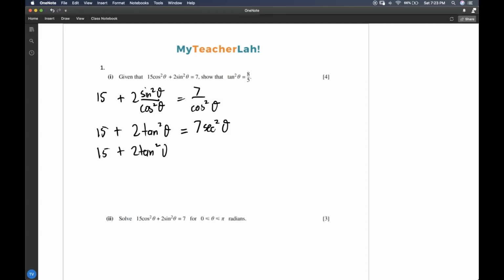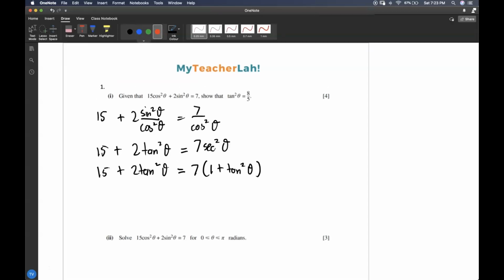Okay, so 15 plus 2 tangent squared theta equals 7, 1 plus tangent squared theta. This is basically the identity that you would normally know: 1 plus tangent squared theta is equivalent to secant squared theta. So this is an identity. Let's continue with this.